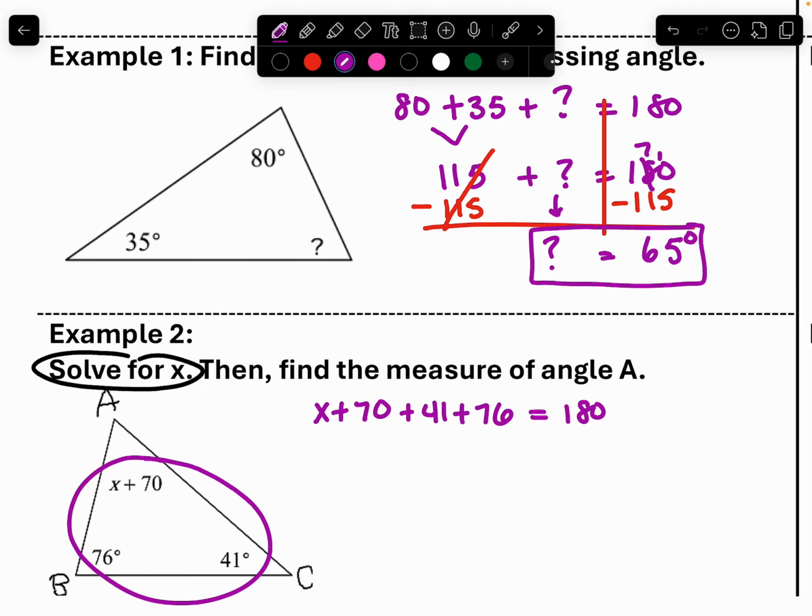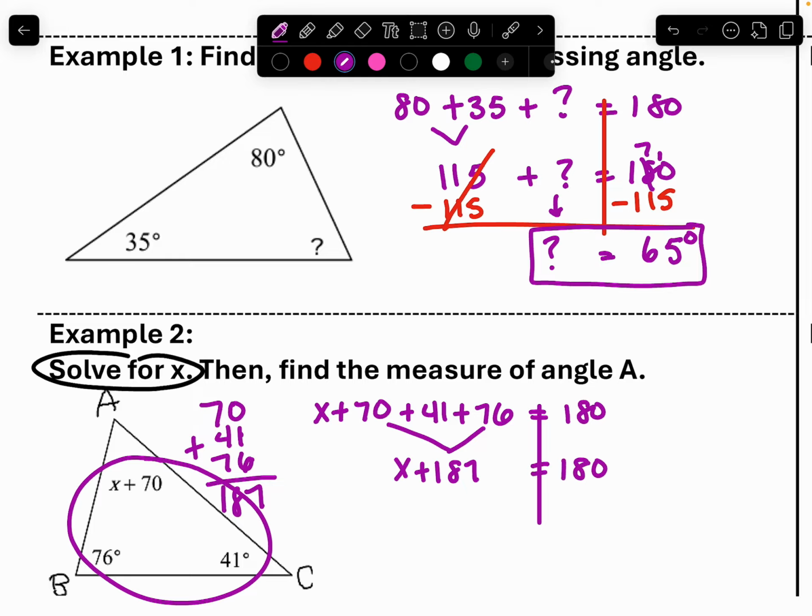If you don't know how to add all three of these numbers, it's combining like terms. 70 plus 41 plus 76: 6 plus 1 is 7, 7 plus 7 is 14, plus 4 is 18. So this is x plus 187 equals 180. Inverse operation, minus 187 minus 187. We get x equals negative 7.